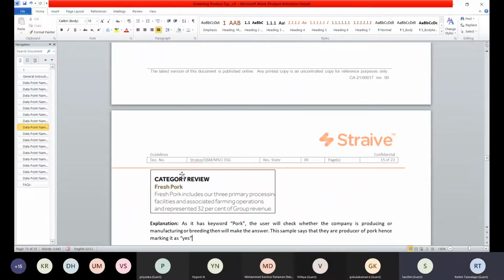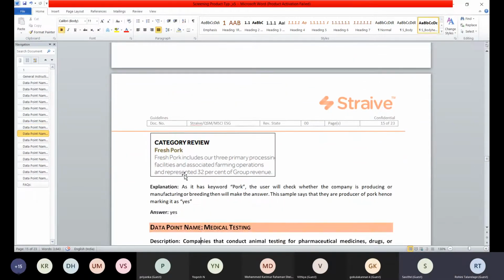Now here we have one snap, like fresh pork includes 3 primary processing facilities. So if you are searching with the keyword pork, they have farming operations and represented 32% of group revenue. So they are processing the pork, fresh pork, right?